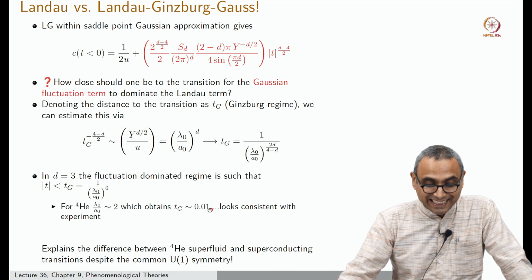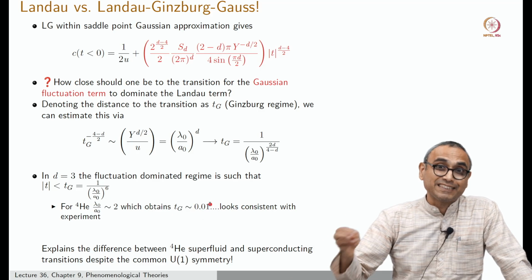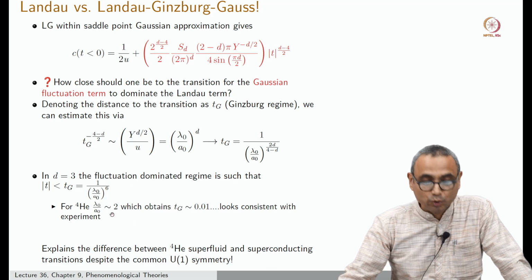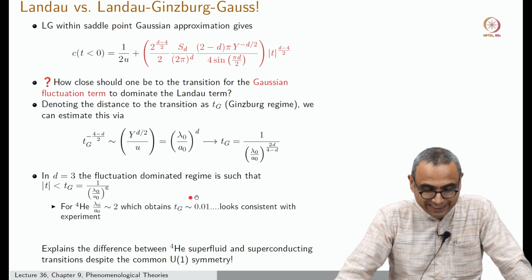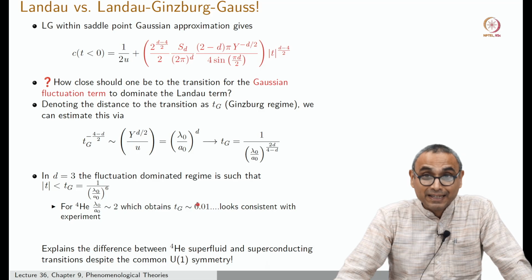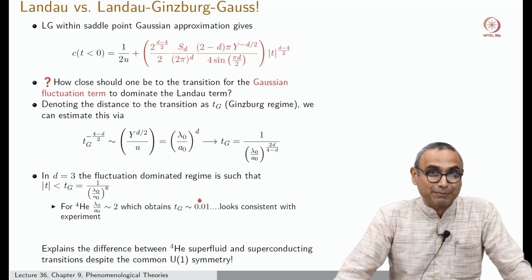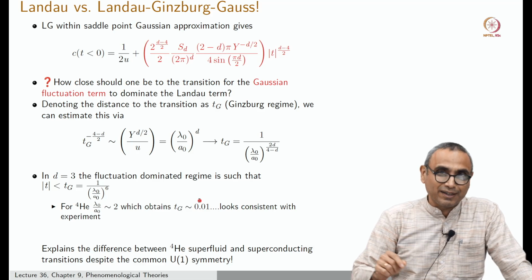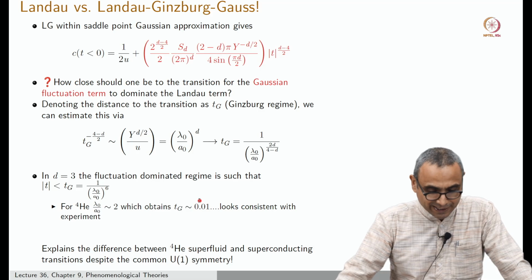So, Tg is of the order of 0.01 or 0.001, depending on what kind of estimates you are using. This looks pretty consistent with experiments: if you go to temperatures like 0.2 or 0.02 of 2 Kelvin, 2.17 Kelvin or something, then you see this divergence.